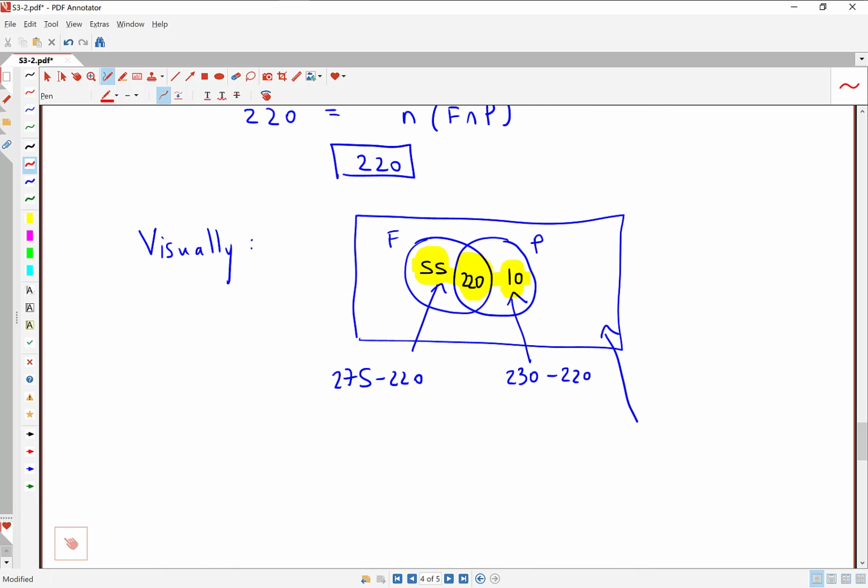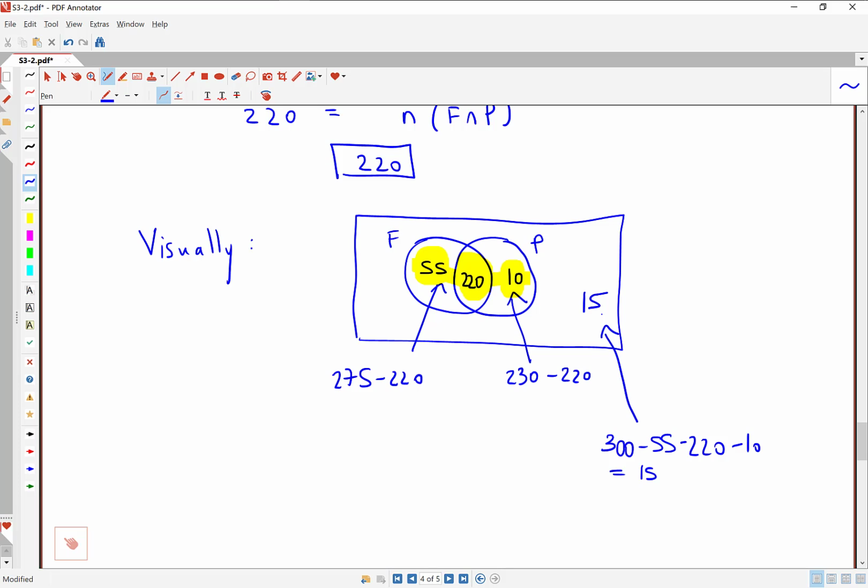So if we want this outside number, we're going to go 300, and we're going to subtract off all the people that we've accounted for already. So 55 gets subtracted off. We subtract 220, and we go minus 10. And we can grab a calculator and just figure out what that number is equal to. So that leaves us with 15 people. So those 15 people are sitting out here who are not full-time and not permanent.